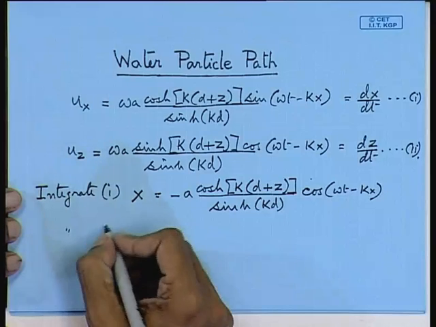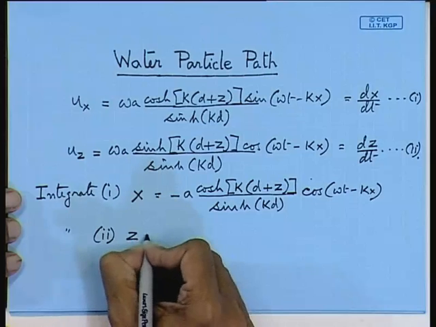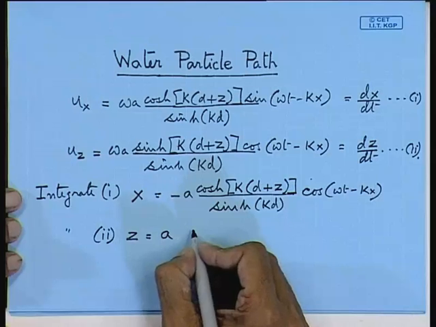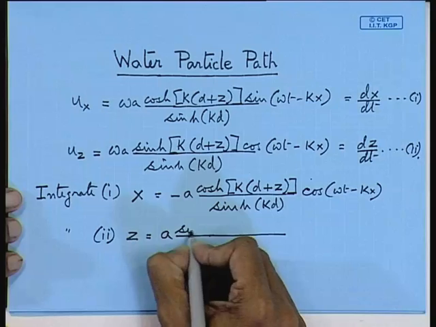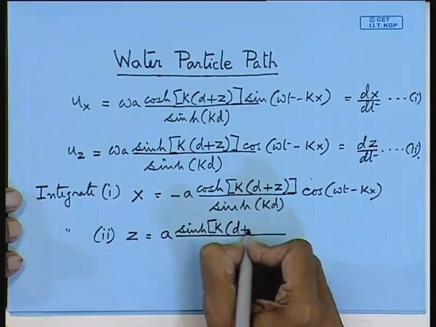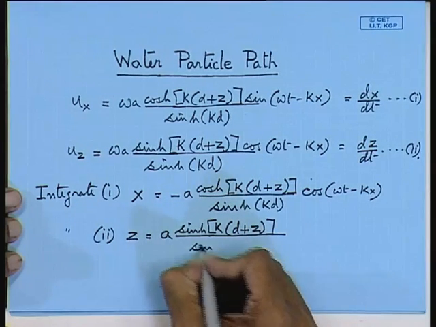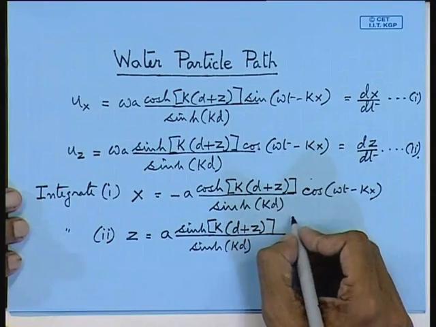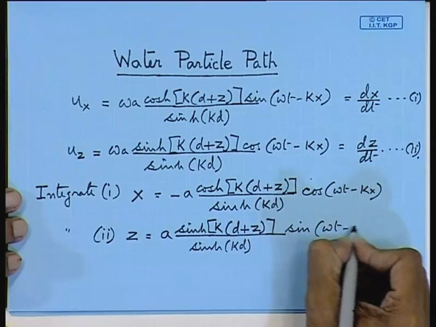So, now you integrate 2, you get the value of z. So, z is equals to a sinh, this will be as it is, k(d plus z), over sinh kd, and a sine term will come, sin of (omega t minus kx).